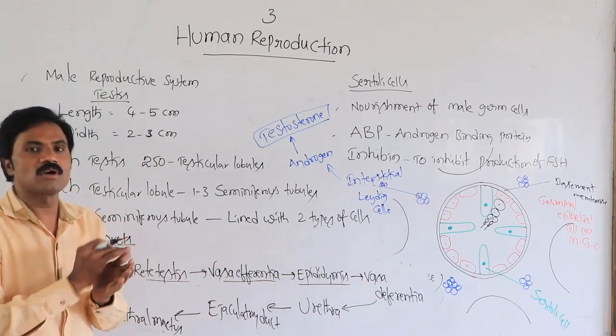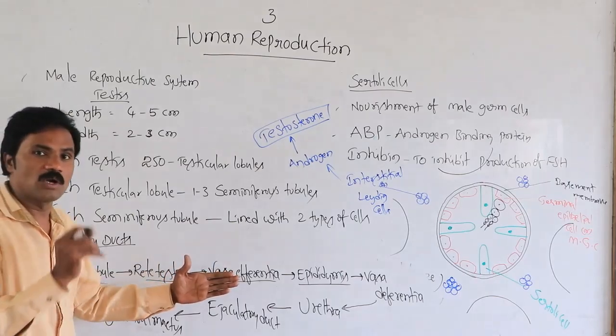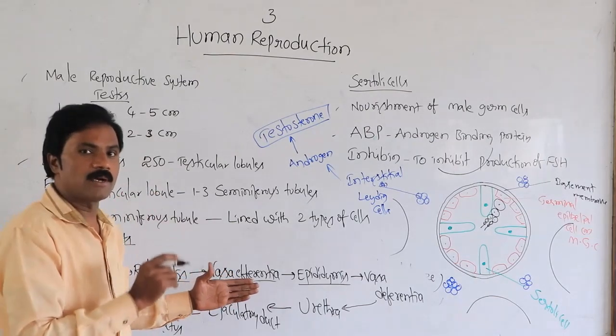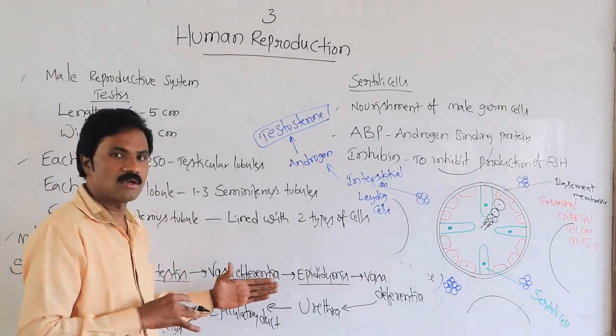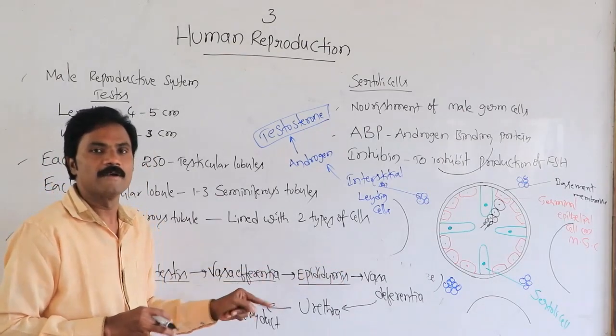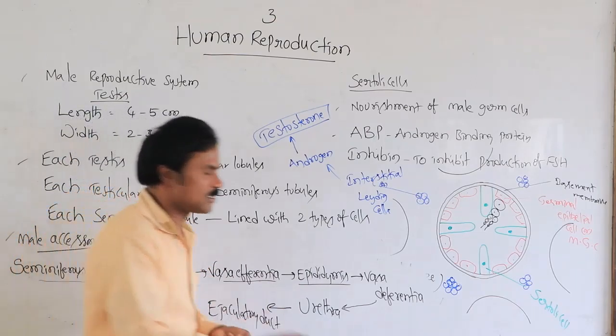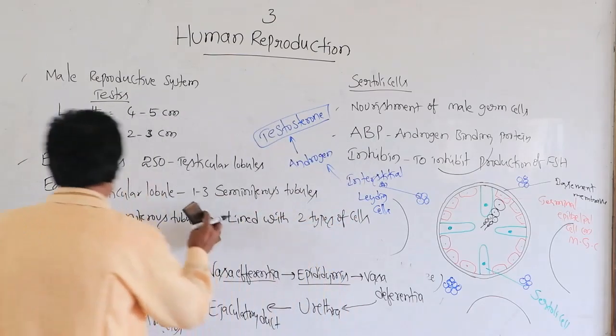Like this, vice versa, they give multiple options. So this is the sequence order. First observe the diagram once or twice along with what I said last class, and then you can easily remember this order, how the male gametes are transported.